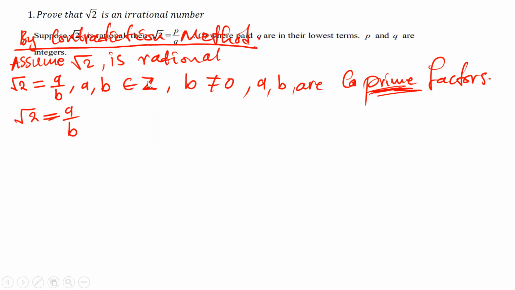So the statements that we have here are that a and b should be members of integers. So if we discover that as we are solving here, either a or b is not an integer, then we can just end there and conclude that the root of 2 is not a rational number, but an irrational number.